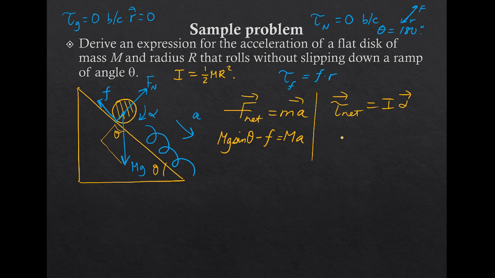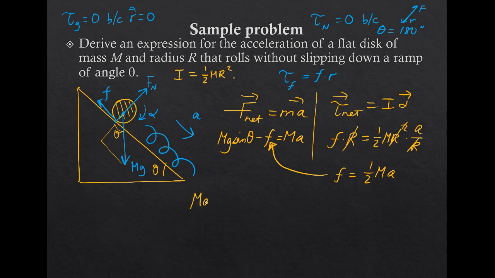The net torque is coming from friction, so it's just F times R. I is 1/2 mr squared, and alpha is a over r. So those can cancel, and friction is equal to 1/2 ma, which can be plugged into here.